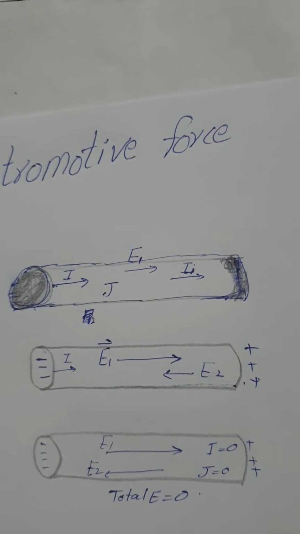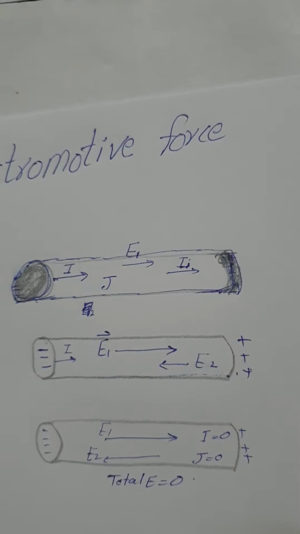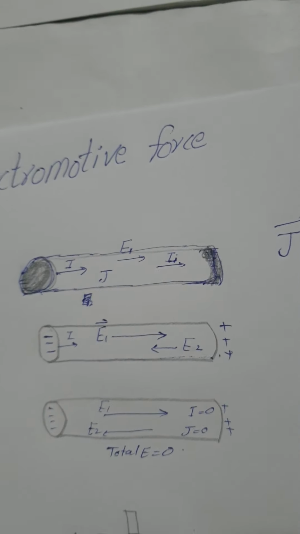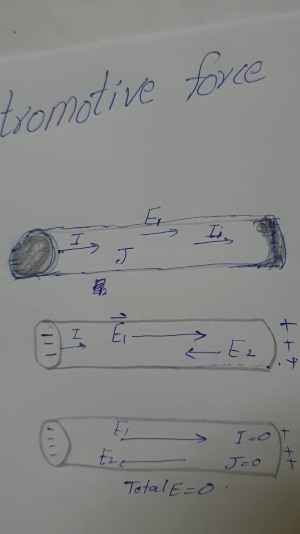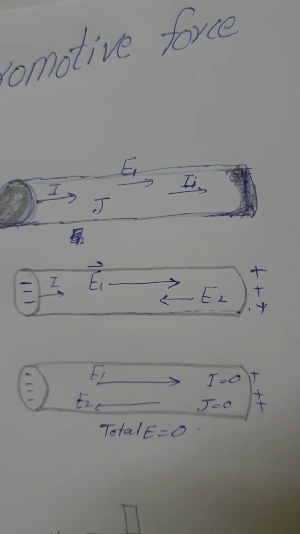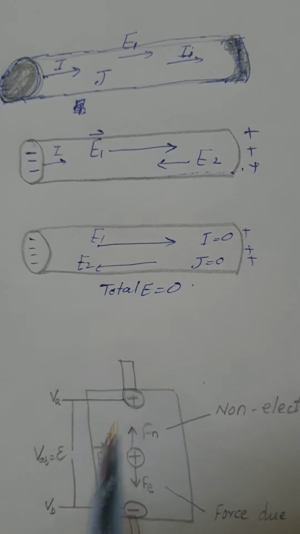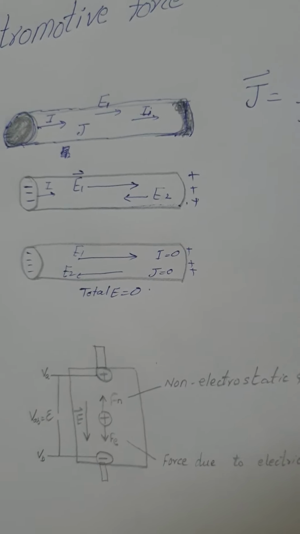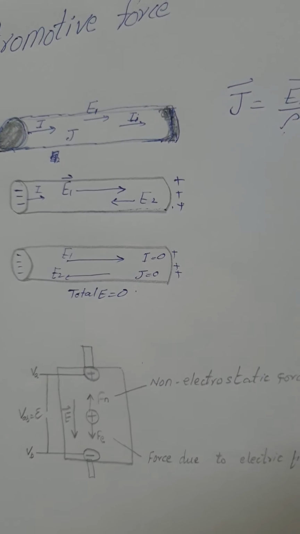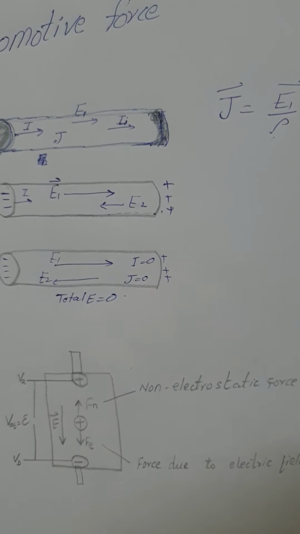So how do we maintain a steady current in a complete circuit? Let's recall the basic concept of electric potential energy: if a charge Q goes around a complete circuit and returns to its starting point, then the potential energy must be the same at the end of the round trip as at the beginning.